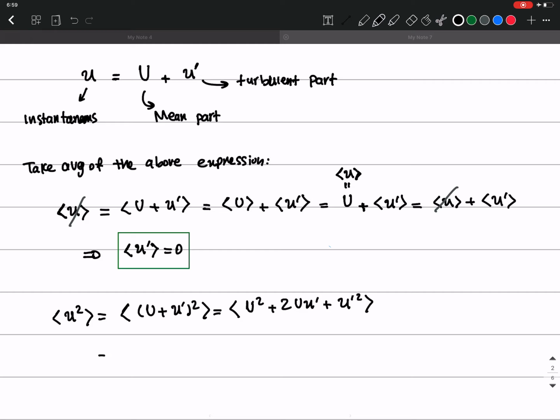And again, I can write this in different terms: the average of capital U square, plus the average of 2U u prime, I can take the 2 out, plus the average of u prime squared.